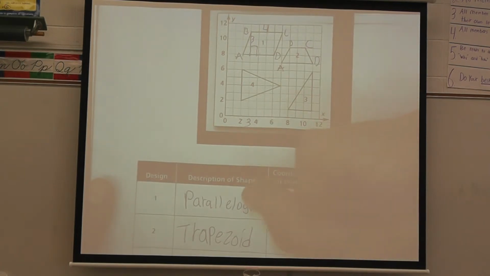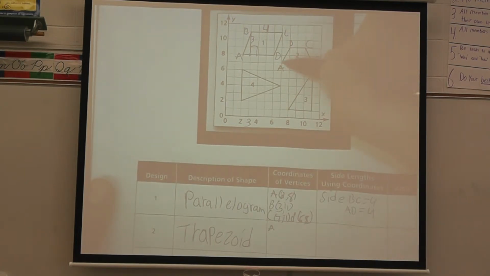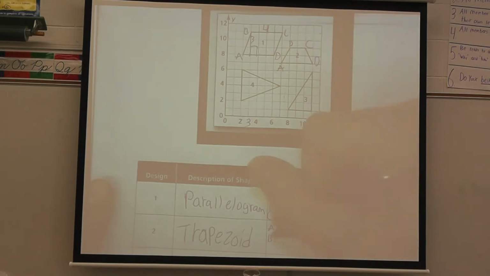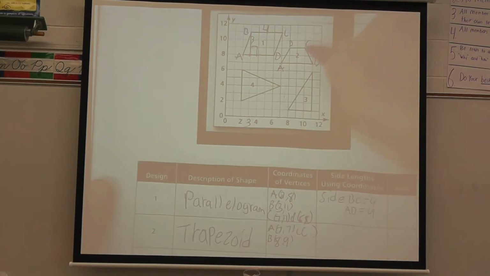Just look at where the points that I put it. So I'm going to say that A is going to be at, this looks like 7, 7. So A is 7, 7. B is going to be at 8, 9. C is going to be at 10, 9.